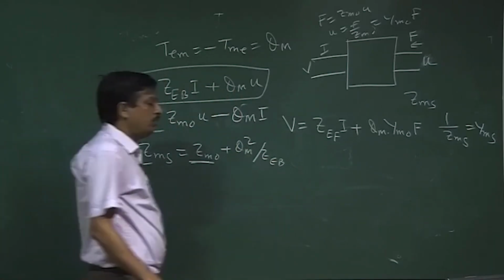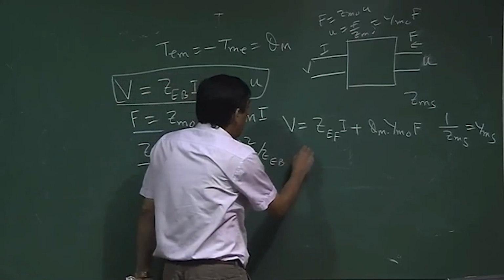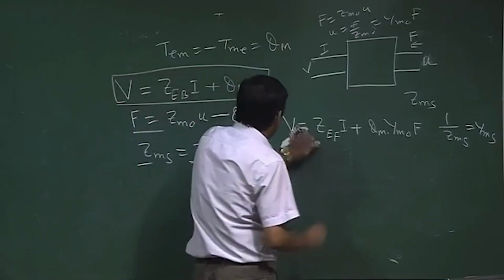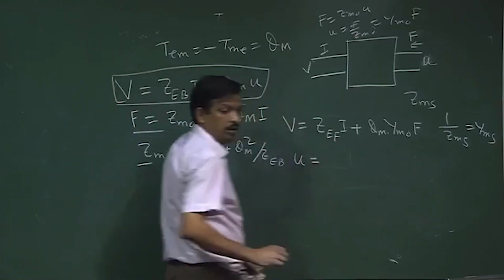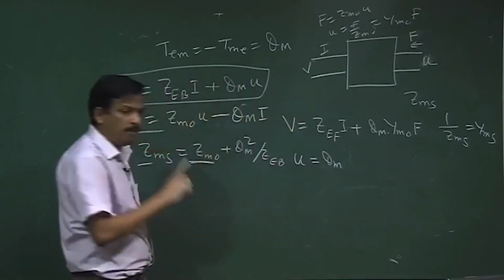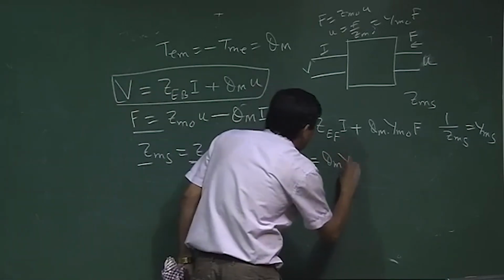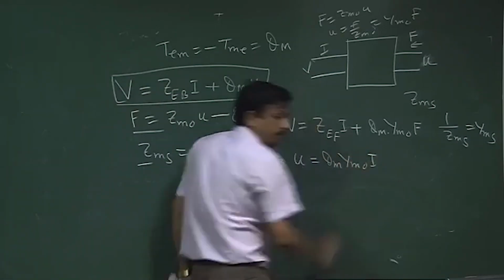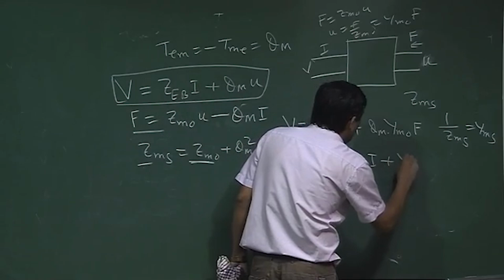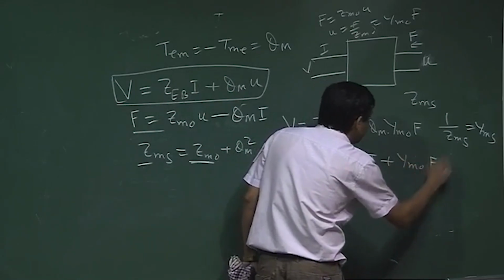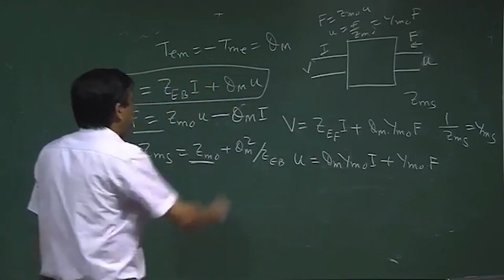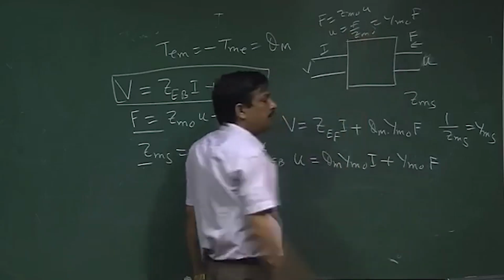Okay. Now, here we know F. So, U is equal to phi m by ZMO, so it is phi m YMO into I plus YMO into F, where YMO is nothing but 1 by ZMO.